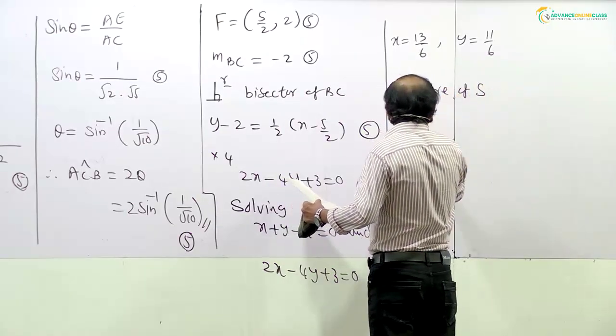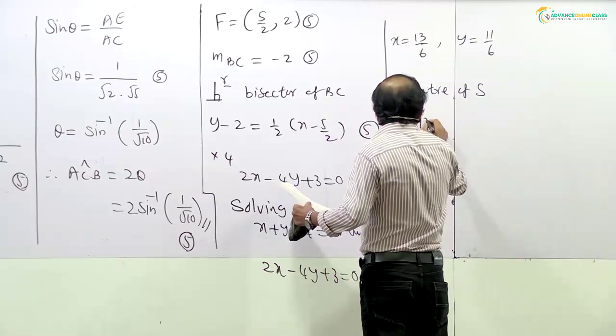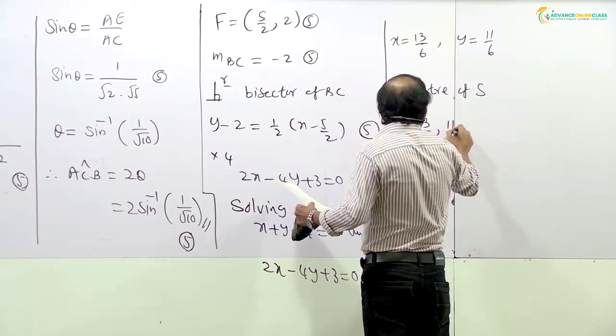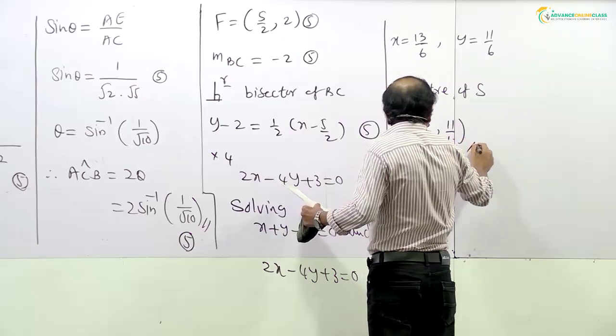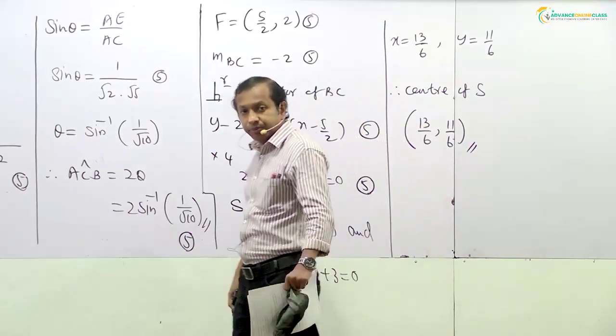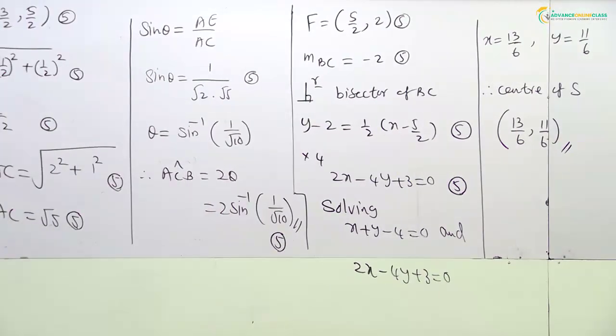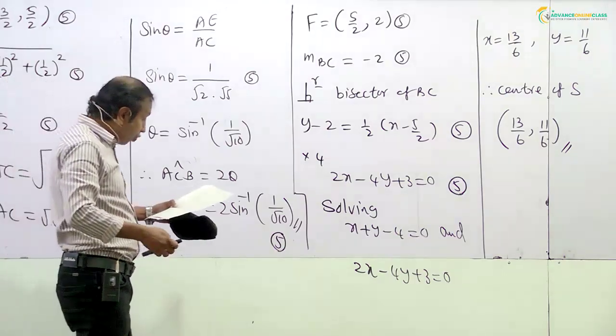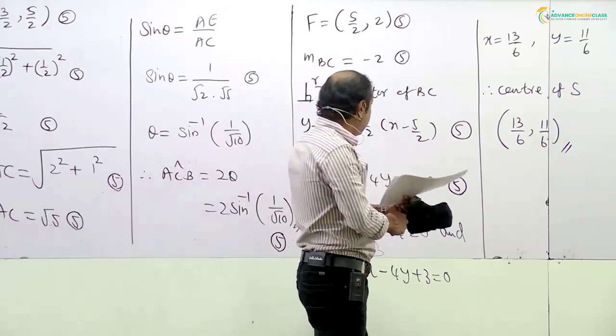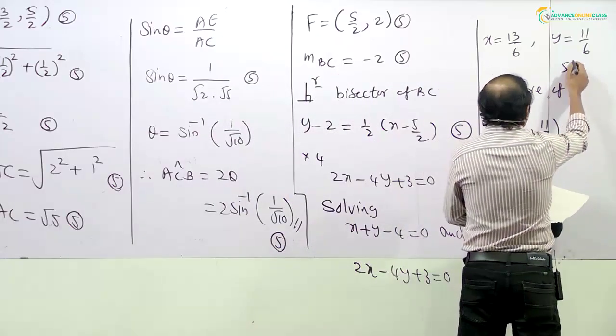Center of S going to be what? 13 by 6, 11 by 6. Okay. 13 by 6, 11 by 6. For that, you get 5 marks. Finding x, y separately, 5 marks come in.